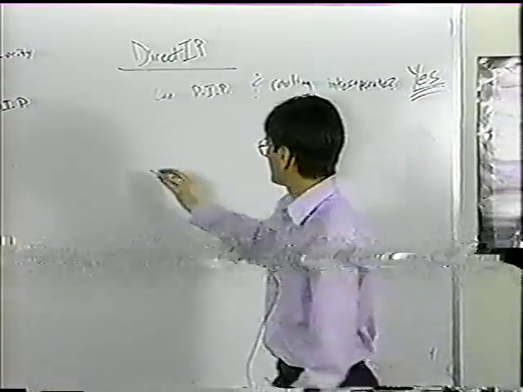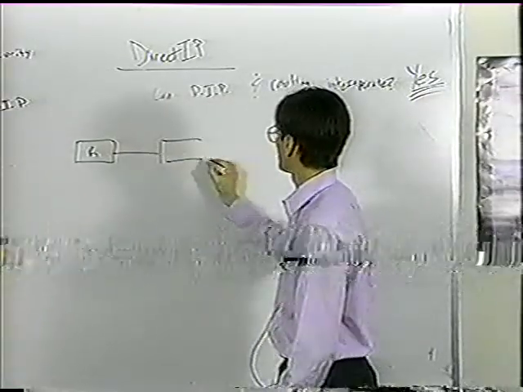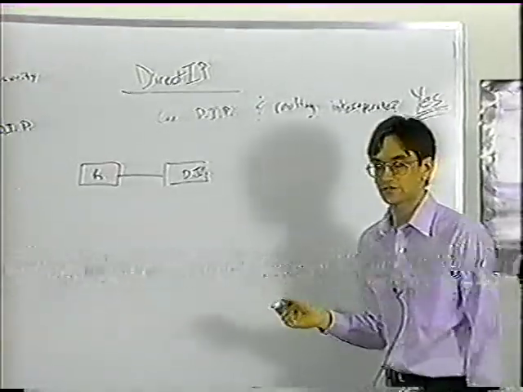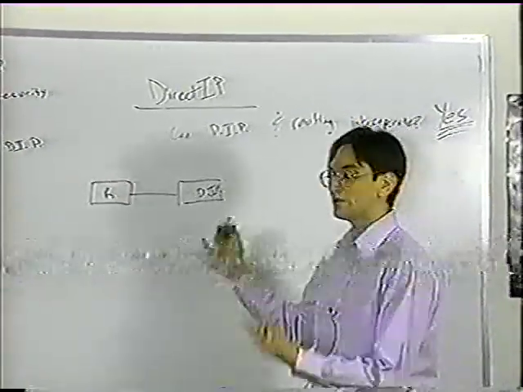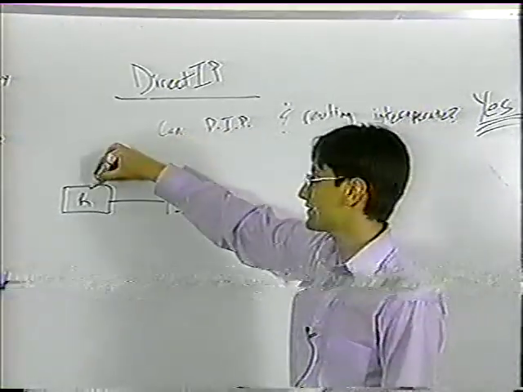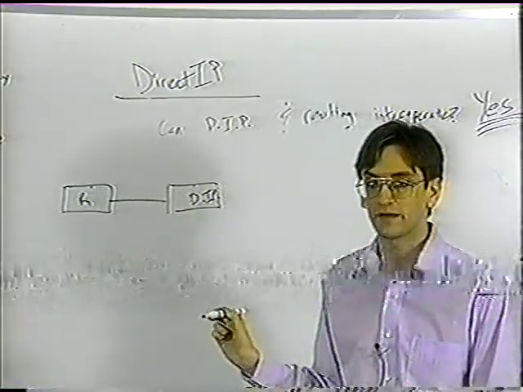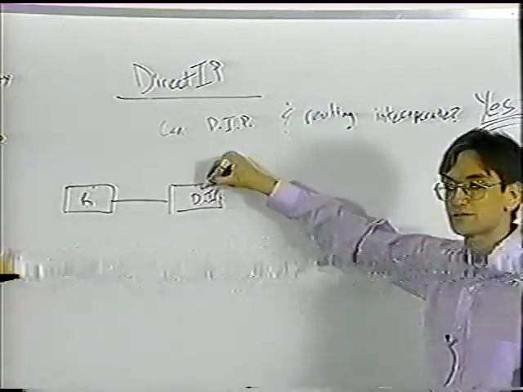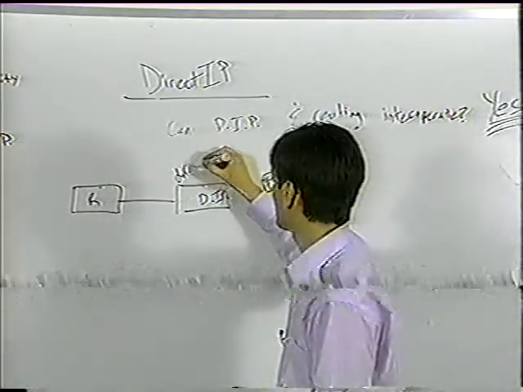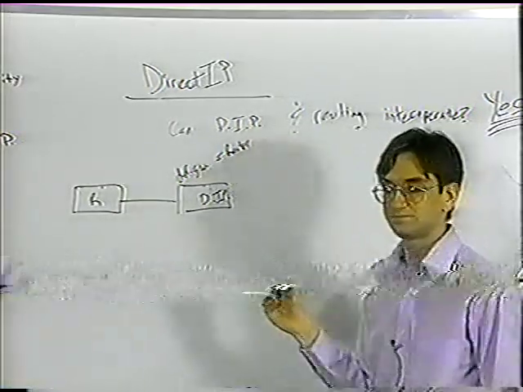If I have a router connected to a direct IP switch, the only impact is that the direct IP switch has to know that this is a router, as opposed to another direct IP switch. So when configuring the routing tables of this direct IP switch, he only has to know that his default gateway is a router.